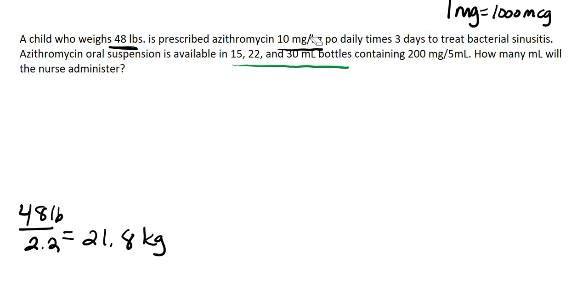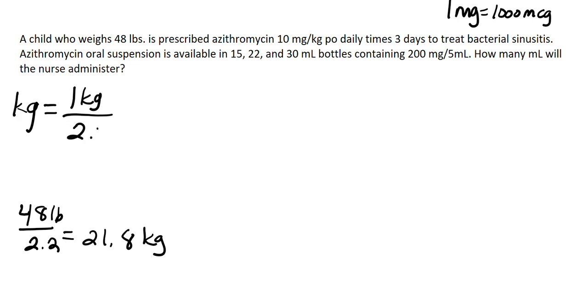Ask yourself, what am I looking for? I'm looking for kilogram. So you can say kilogram equals what? 1 kilogram is 2.2 pounds. You got your pound in your denominator, put your pounds in your numerator for 48 pounds.